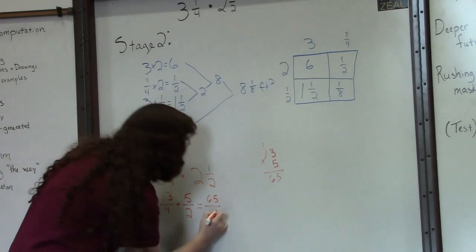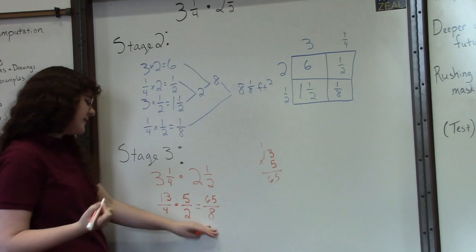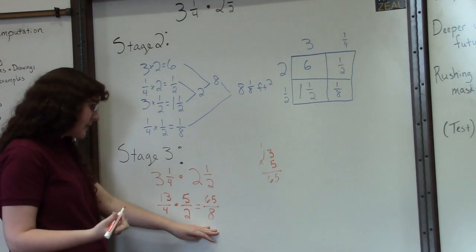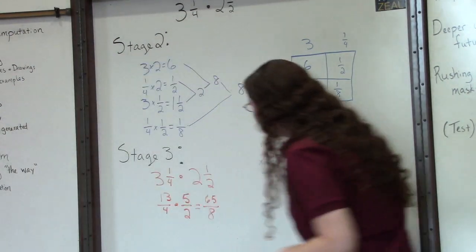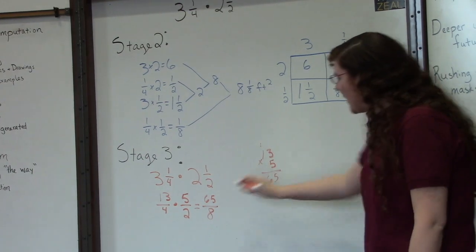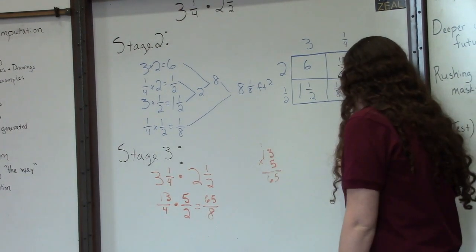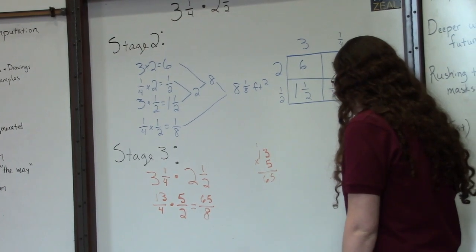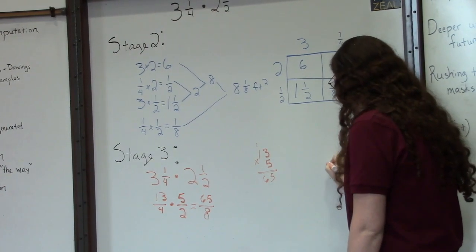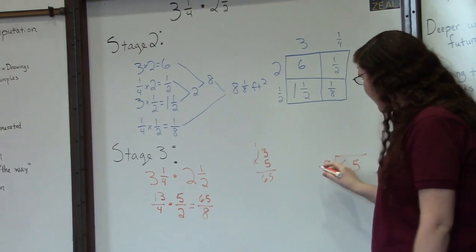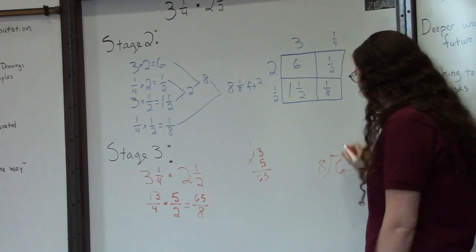But this is an improper fraction instead of a mixed number. So let's go back over here and let's do a little bit of, well, if this is a double digit over a single digit, I suppose we really should do long division at this point. So let's go ahead and put our 65 on the inside and our 8 on the outside. And how many times does 8 go into 6? Well, none at all.